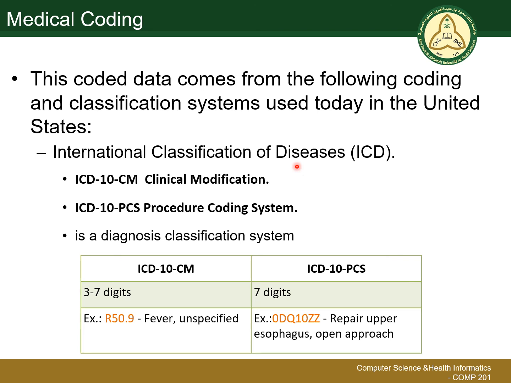There are two types of the ICD. The ICD-10-CM, the clinical modification, is the International Classification of Diseases, 10th revision, clinical modification. This is the code set for classifying and reporting diseases in healthcare settings.